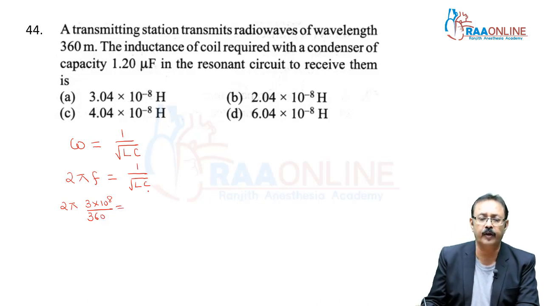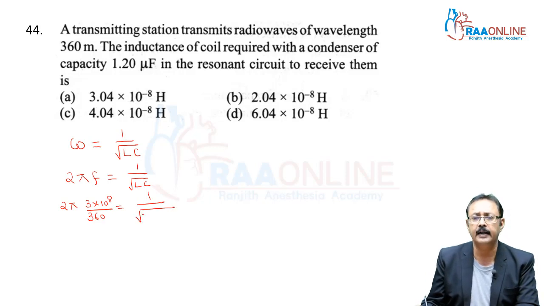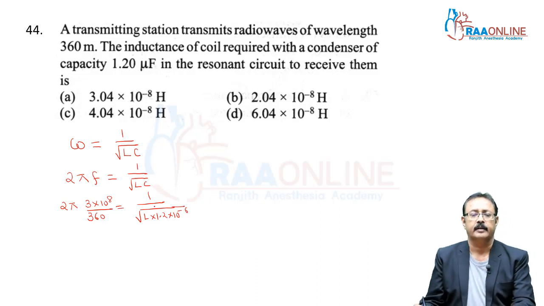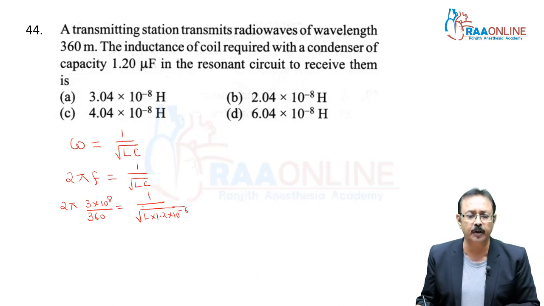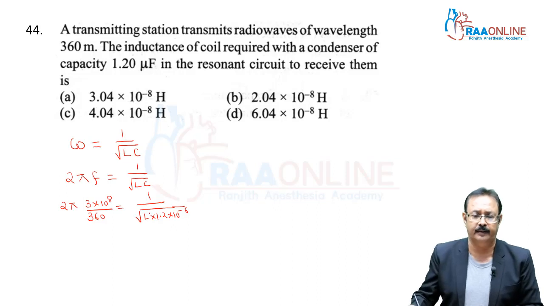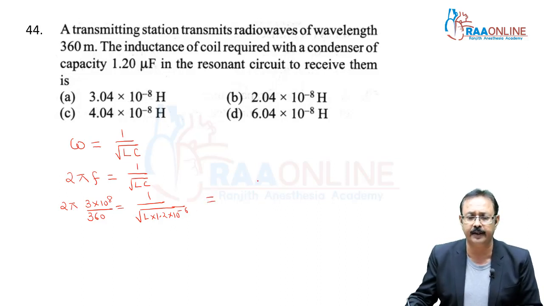is equal to 1 upon root LC. L is not given, we want to calculate it, but C is given: 1.2 into 10 to the power minus 6. So in this way we are able to calculate the value of L. Take this on that side.